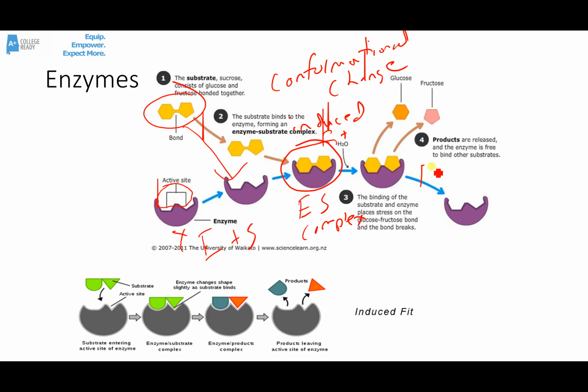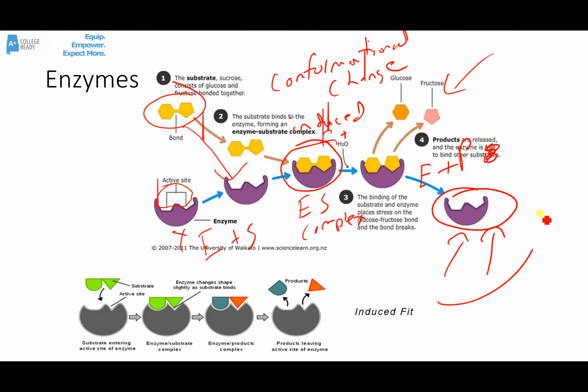And what we end up with is the enzyme is unchanged, but we end up also with products. So this means that the enzymes aren't changed by the reaction. They can be used over and over and over again. And they are very specific because only one substrate will fit into that active site.